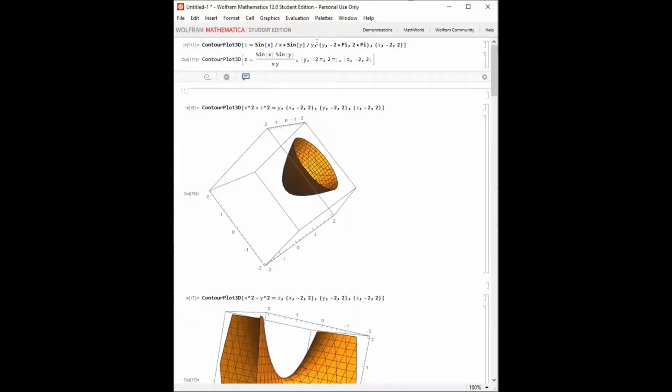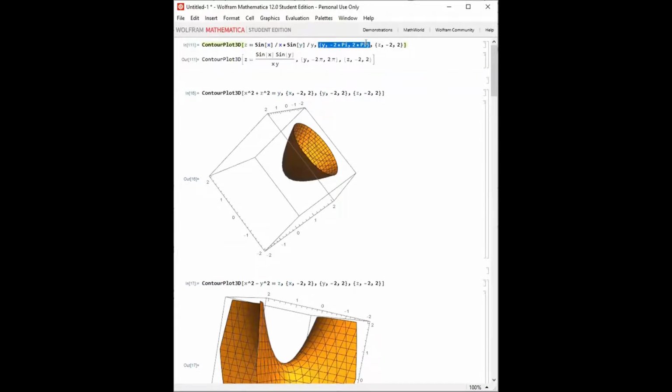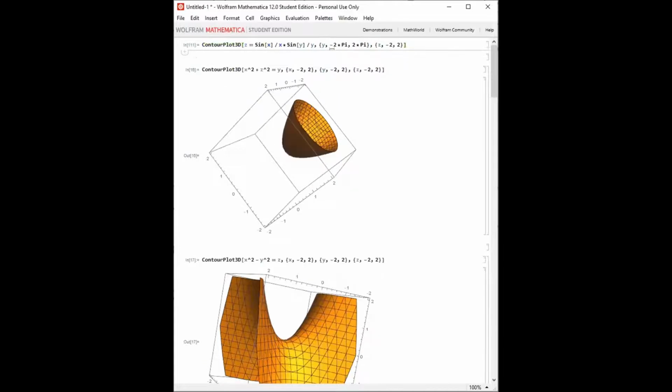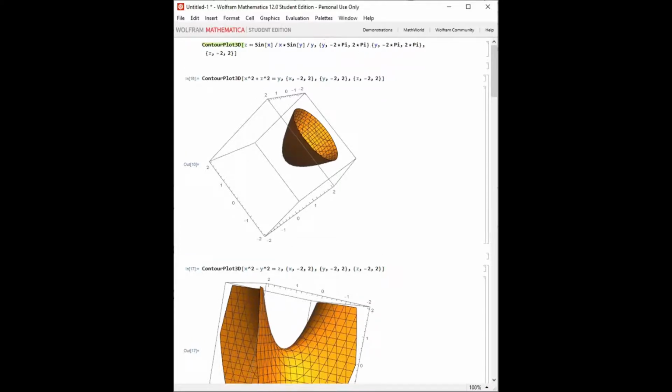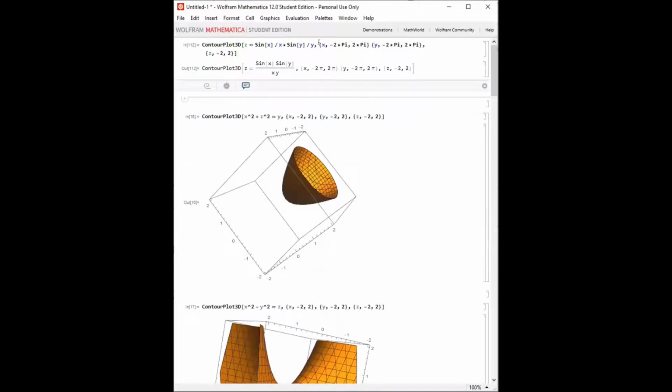Oh, and I got rid of my bounds. Oops. Let's put those back in. That one should be x. Oh, shoot. What have I done?